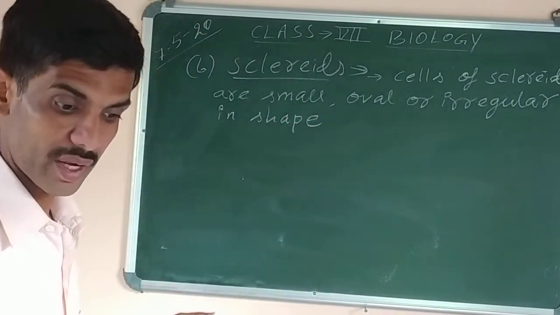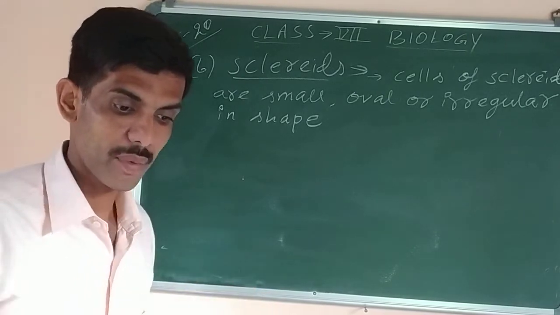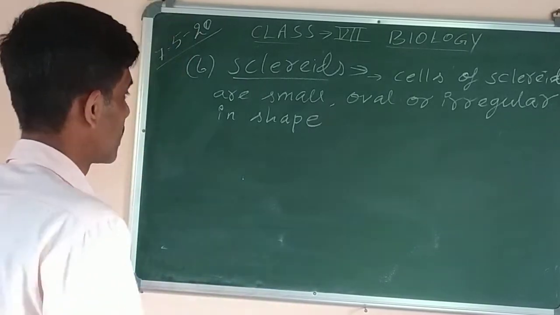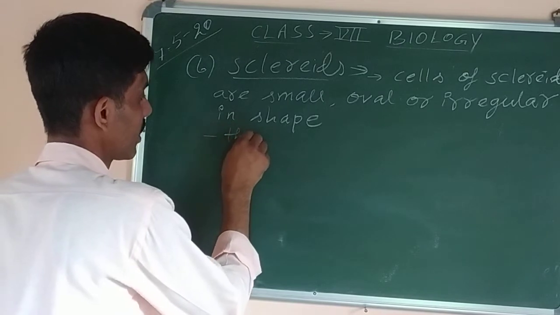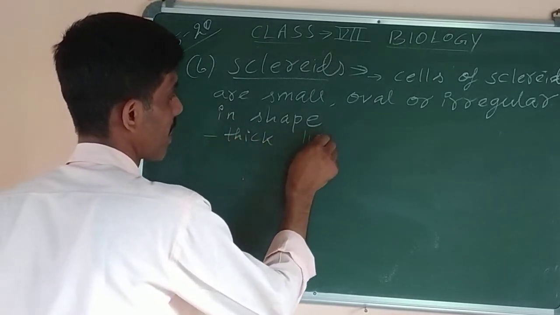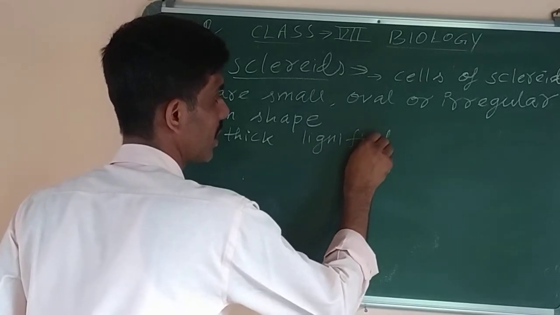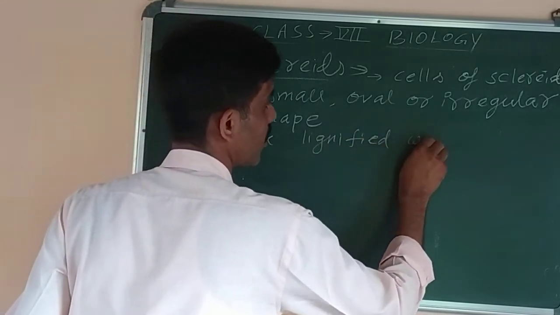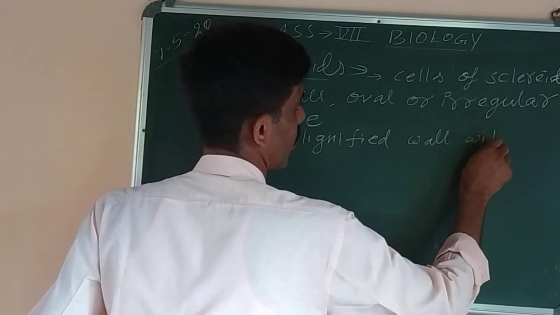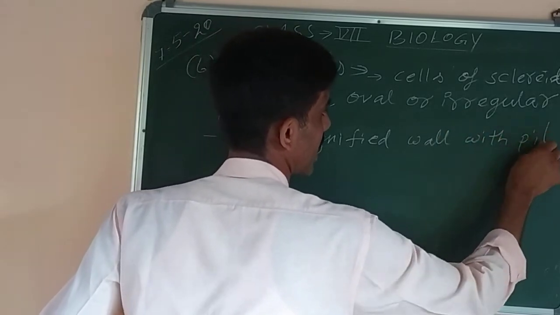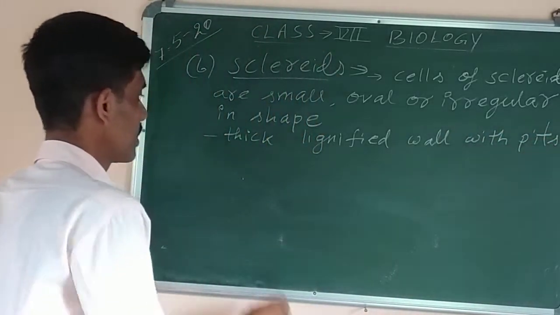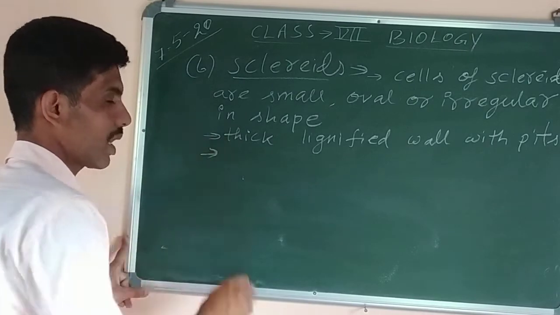They do not have any nucleus, and they have thick lignified walls with pits. Lignified means the cell wall is deposited with lignin already. Thick lignified wall with pits. Pits means the tiny pores which are found in sclerites.